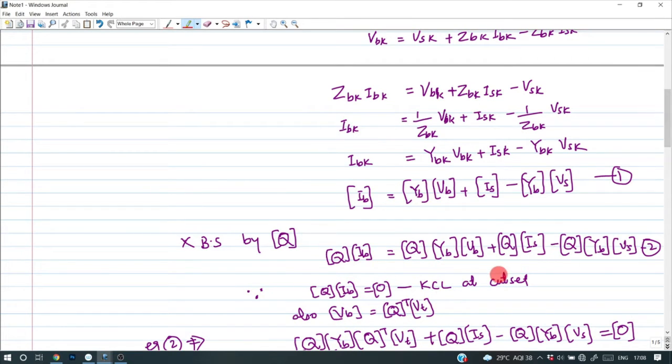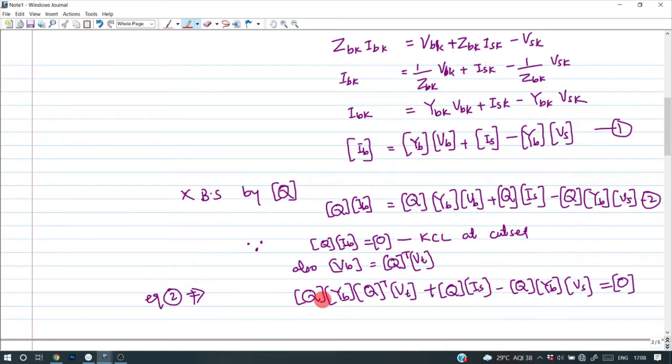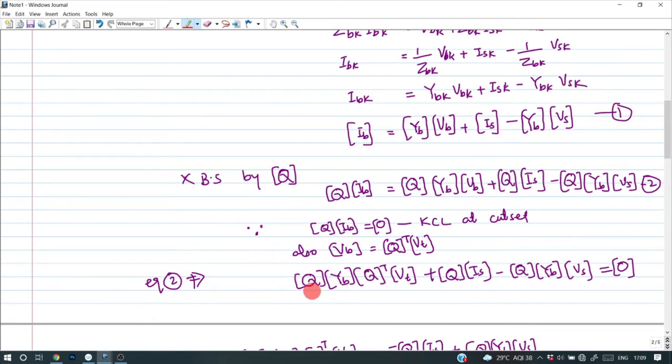Now equation number 2 becomes QYB Q transpose VT plus QIS minus QYB VS is equal to the null matrix. Also, when we multiply these three matrices, that is QYB Q transpose, it is a square matrix.